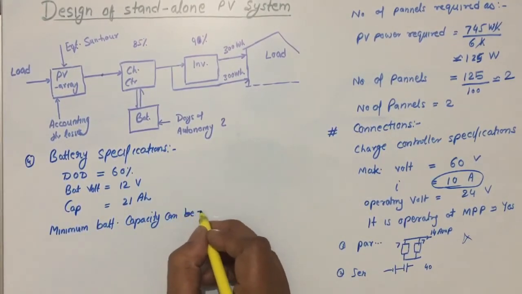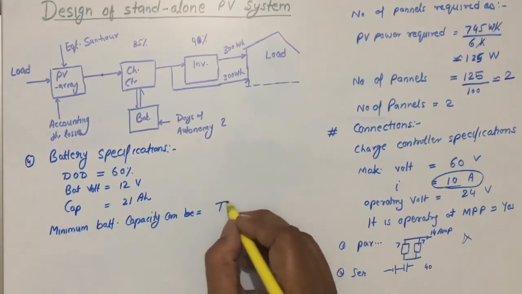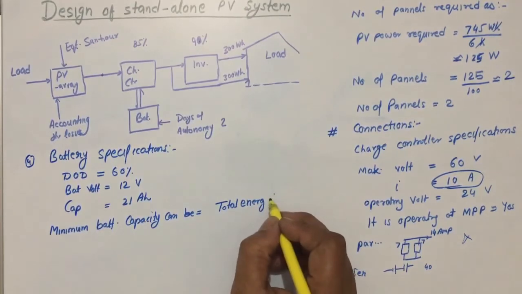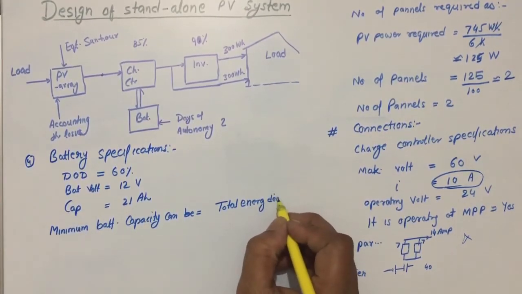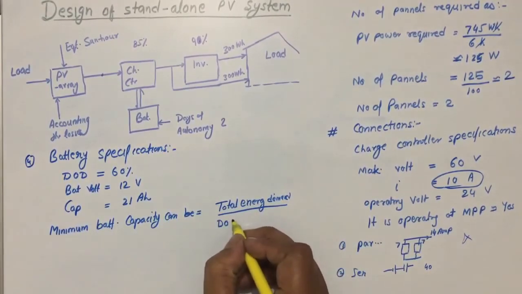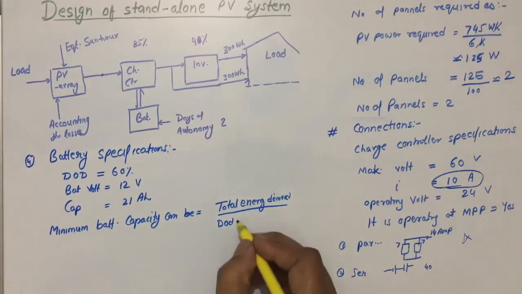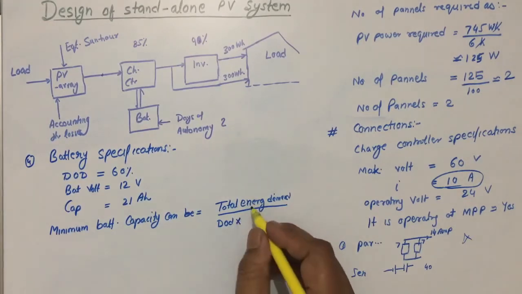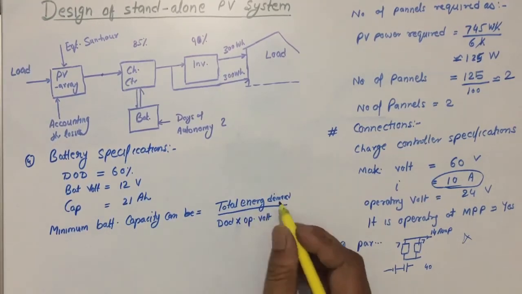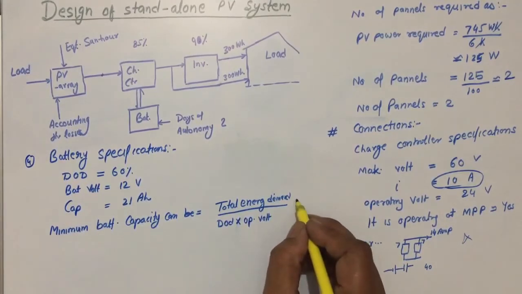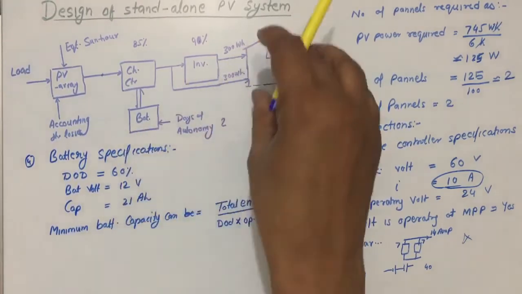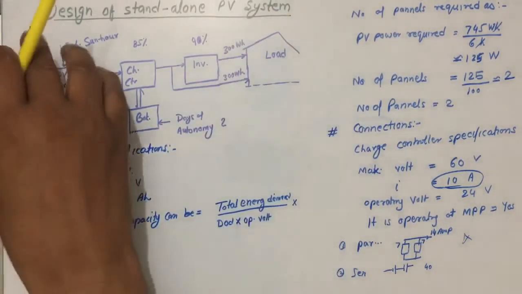If it is given, then the minimum battery capacity can be calculated by the formula: the total energy required divided by depth of discharge, multiplied with operating voltage of the system, and multiplied with the days of autonomy for which you want to run your system without sunshine.